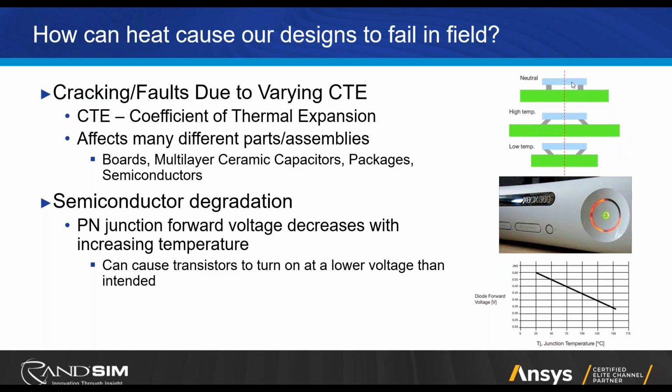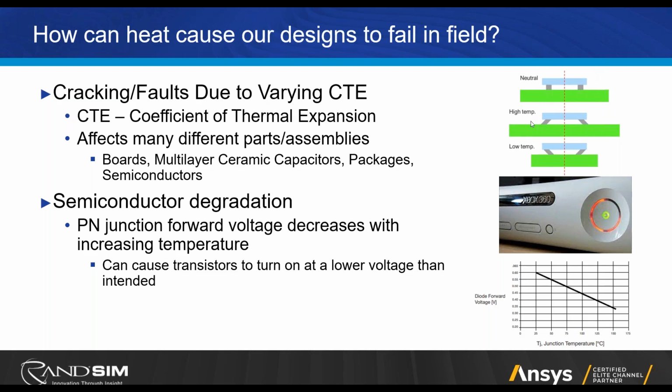So during the normal operating temperature of a device, you may have, let's say, a package which isn't expanding or contracting. Let's say the package is very consistent as to its coefficient of thermal expansion, but you have a board that has a higher positive coefficient of thermal expansion.